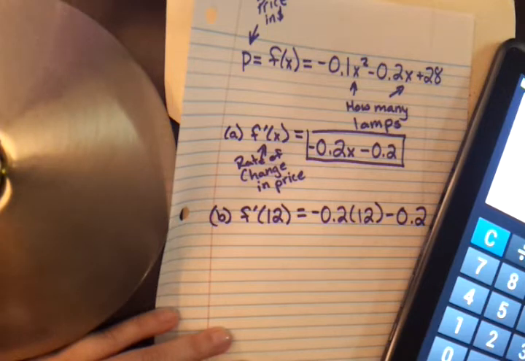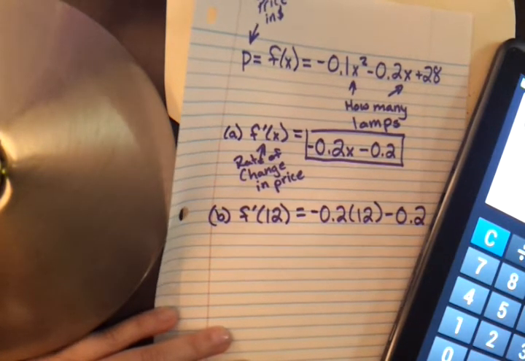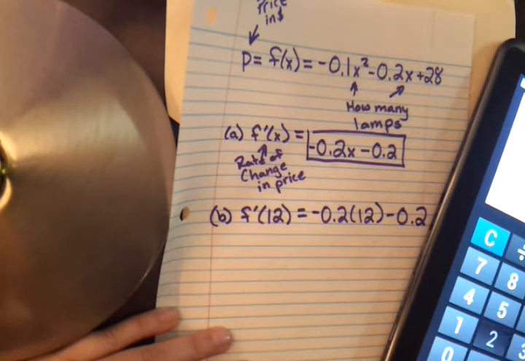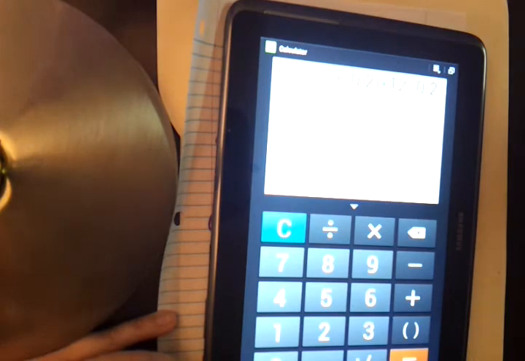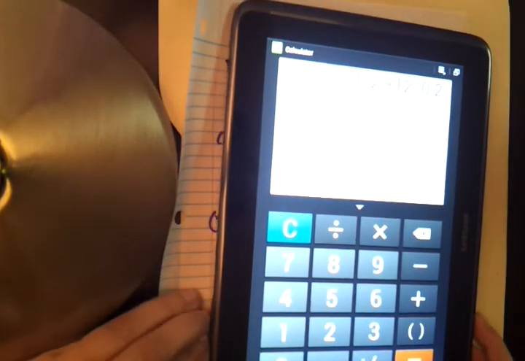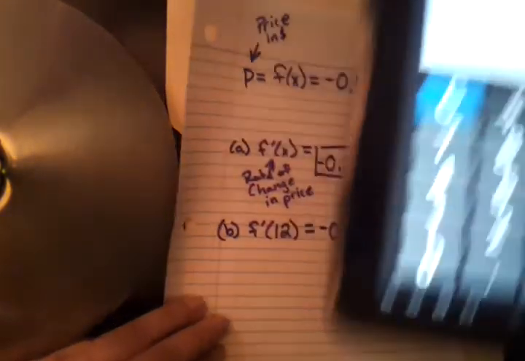So I need a negative 0.2, and I'm multiplying that times 12, and then I'm subtracting 0.2, and my calculator says the answer there is negative 2.6.